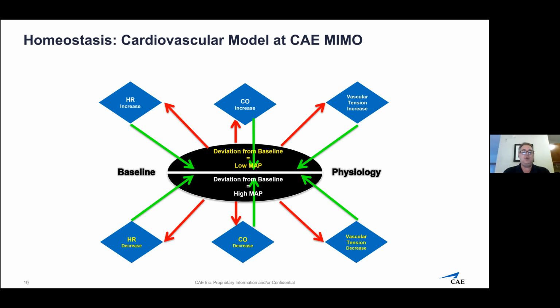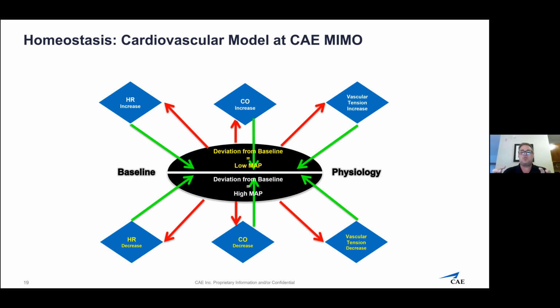So as you increase heart rate, there may be things on the other side that you're going to decrease, like cardiac output. And you're going to have a push-pull relationship between these things. And this is really a true multi-input, multi-output, because I can take one or all of these things and begin to change them, and I'm going to push that MAP either up or below that baseline.